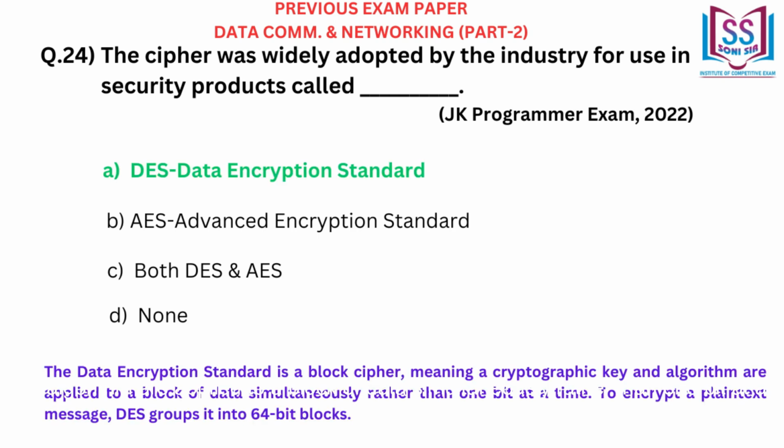Correct answer A. DES, Data Encryption Standard. The Data Encryption Standard is a block cipher, meaning a cryptographic key and algorithm are applied to a block of data simultaneously rather than one bit at a time. To encrypt a plaintext message, DES groups it into 64-bit blocks.